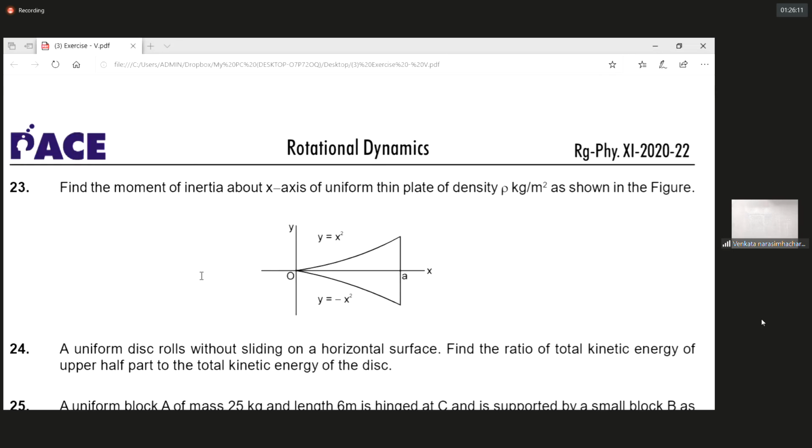So we have to solve this using calculus only, no? Obvious. So then the element that we consider, will that be a strip? Yes.